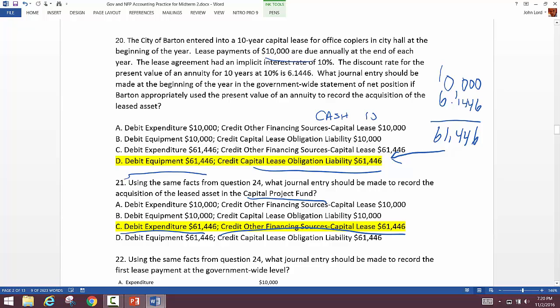Will you let me do that? Okay, so credit cash for $10,000. Okay, now what do you want to do? Debit expenditure at the government-wide level? I'm complaining that you use the term expenditure and I'm at the government-wide level. Is that what we call expenses at the government-wide level? No, I already debited the equipment when I bought the thing.